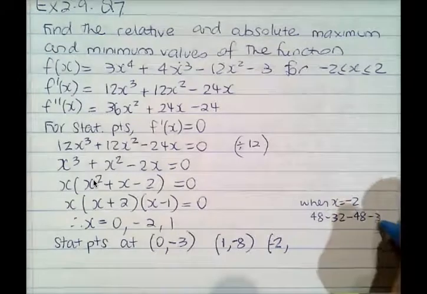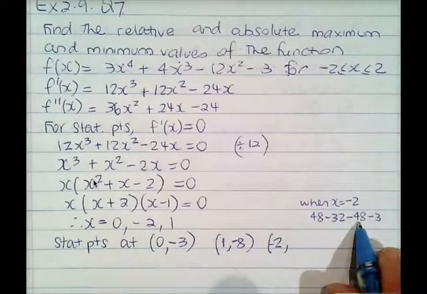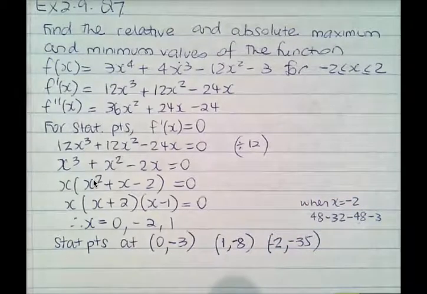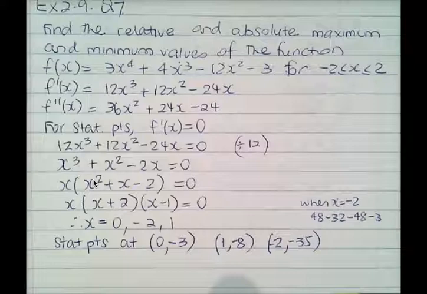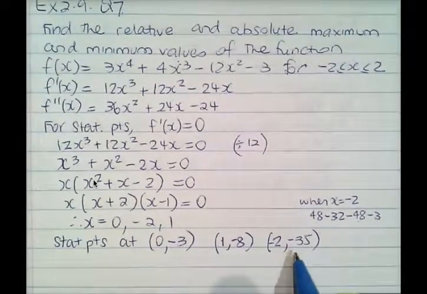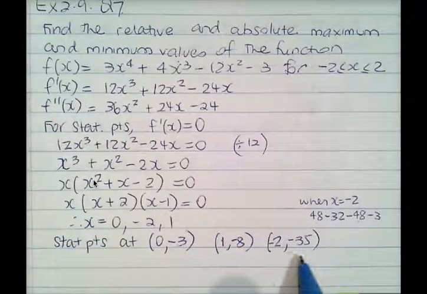And we've got minus 3, so 48 minus 48 is 0, and then negative 35. So we've got 3 stationary points: one at (0, negative 3), one at (1, negative 8), and the other one at (negative 2, negative 35). Now we can obviously see that this is more than likely going to be a minimum.